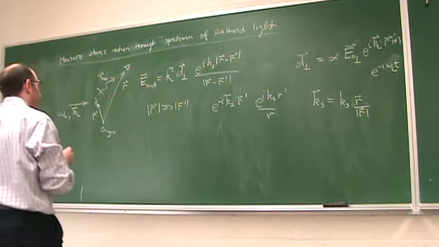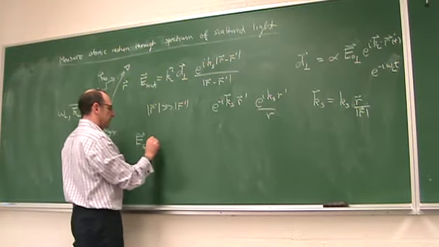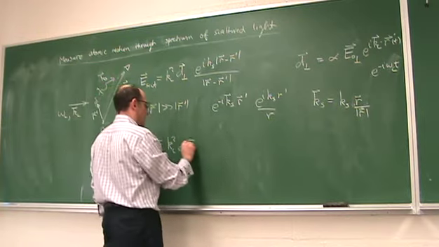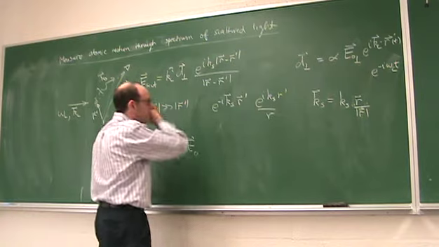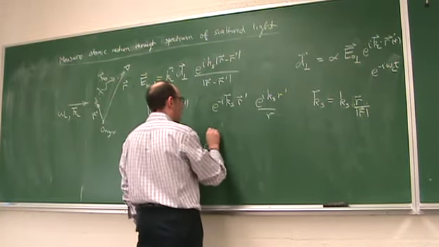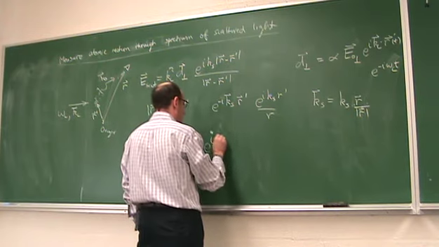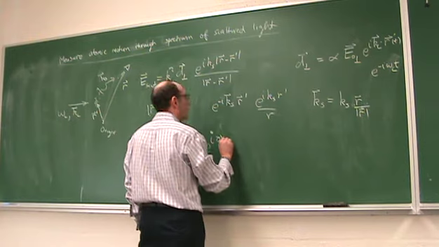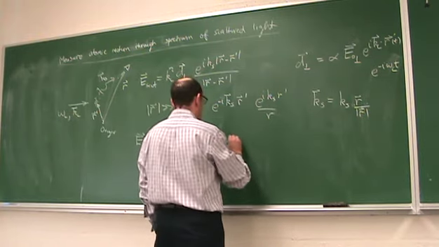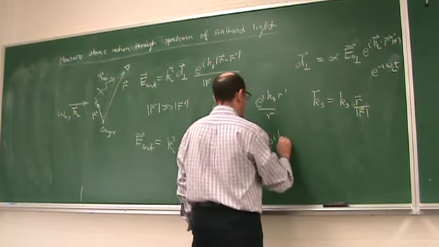So, putting that all together, the scattered electric field is k squared alpha E0. And then I get an e to the i q dot r prime, e to the i ks r.